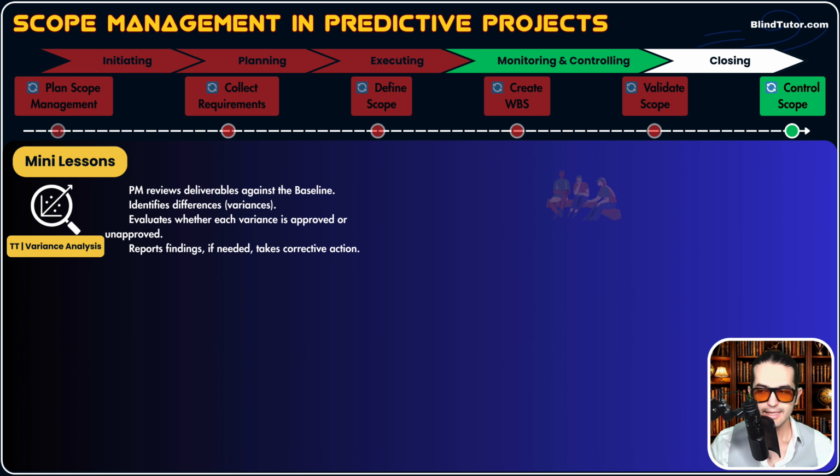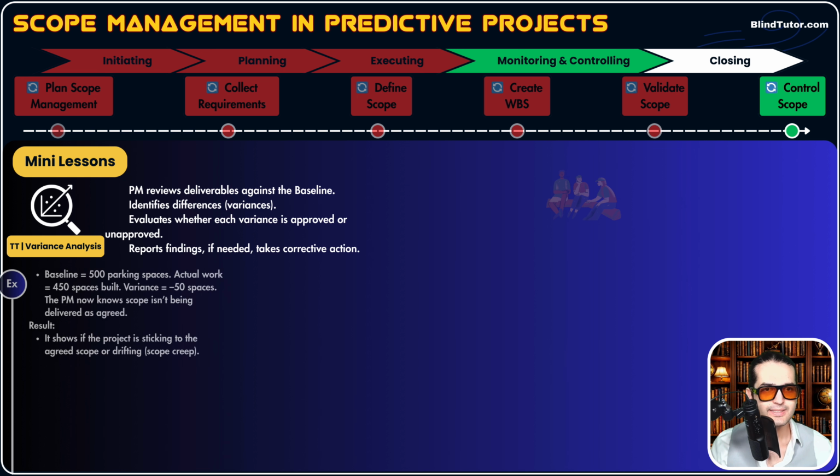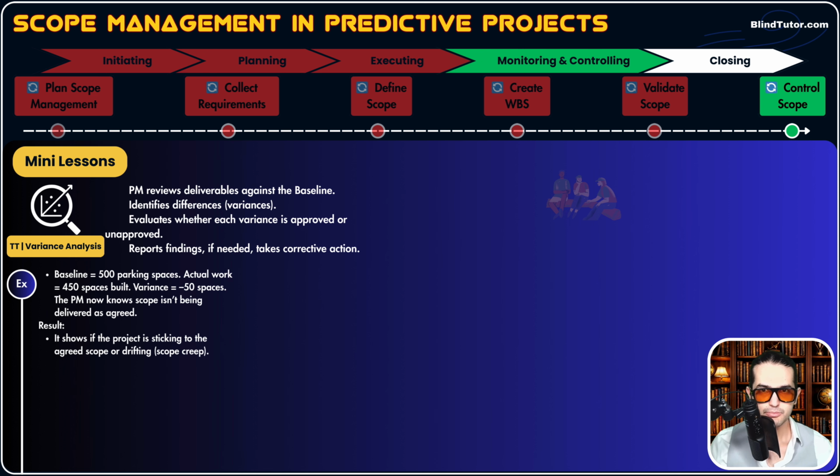Let's say our scope baseline says we, as a project team, need to develop 500 parking spaces for our hospital project. But we go in the field and the project manager presents the parking space deliverable. We, as the client, count those parking spaces and notice that only 450 spaces were built.